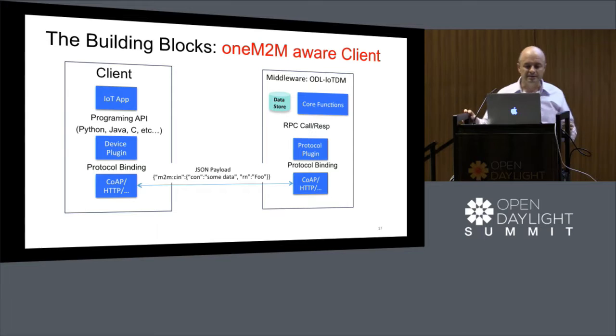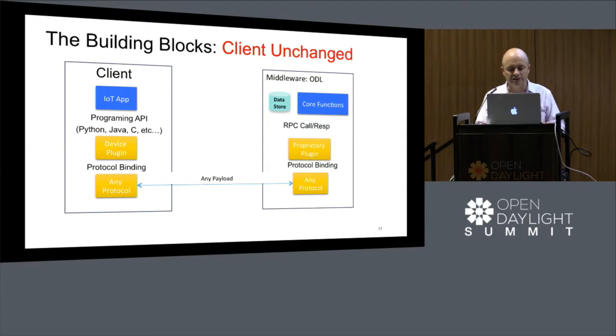That's all it needs for a device to be oneM2M compliant, plus some headers that you add in CoAP and HTTP. So that's the easy situation, where the client supports oneM2M, and we are oneM2M.